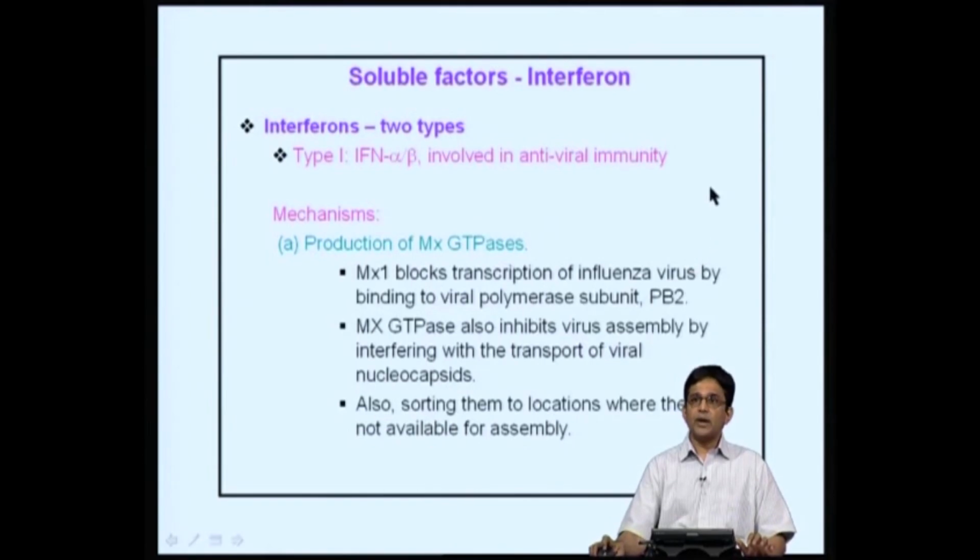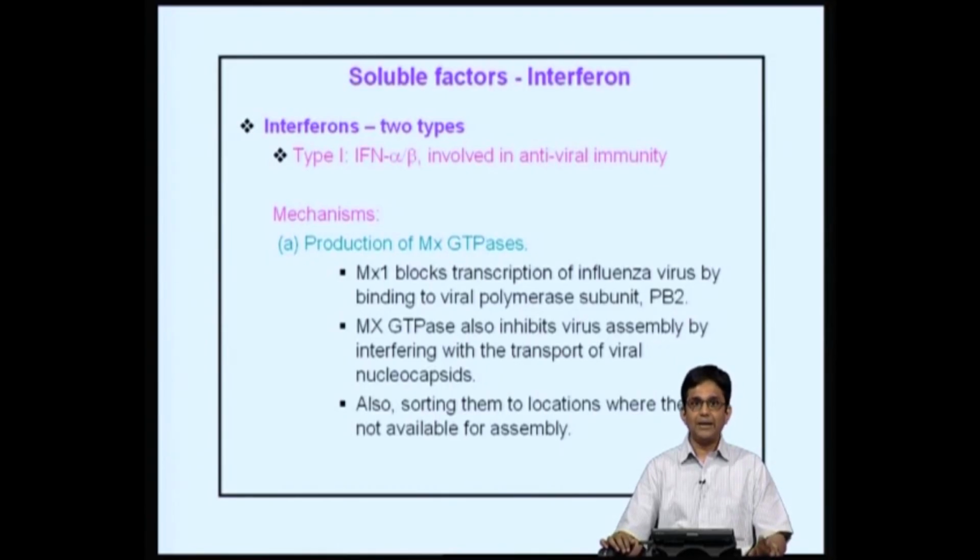In cytokines, important cytokines are known as interferons. Interferon originates from the word interfere, because interferons were discovered to interfere with viral replication. So, in terms of antiviral immunity, the interferons are known to play an important role.